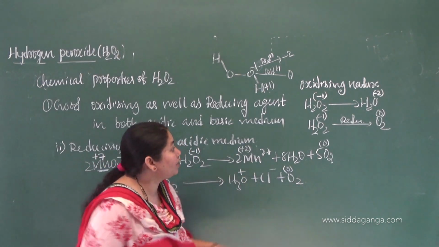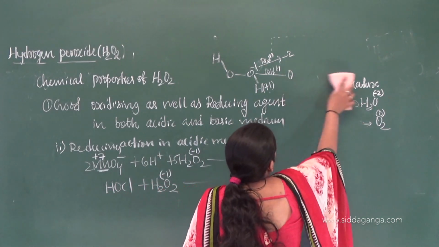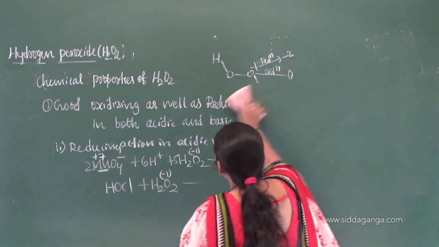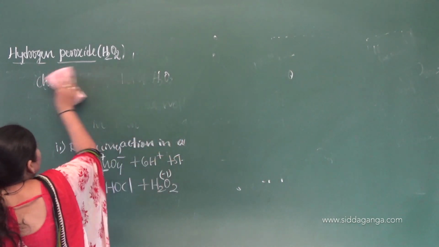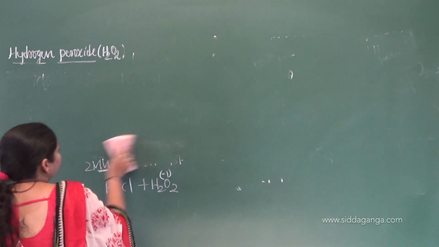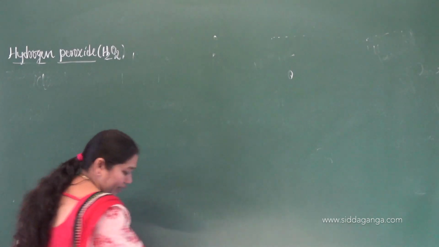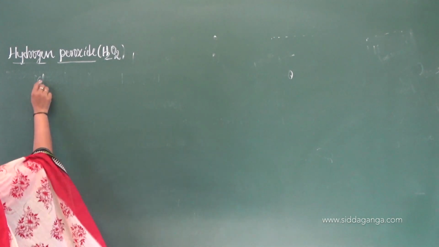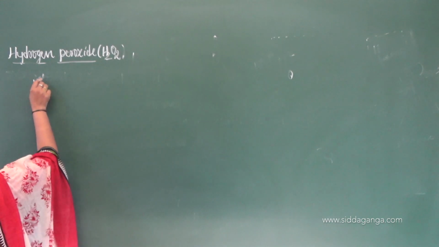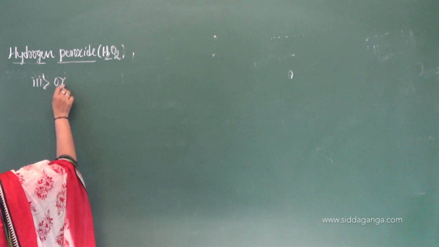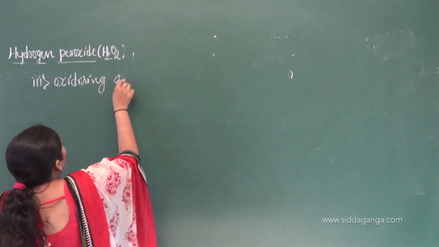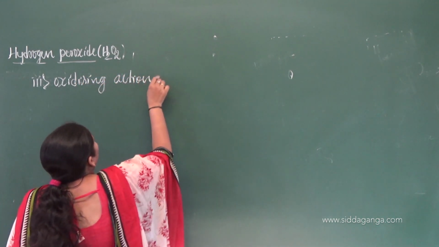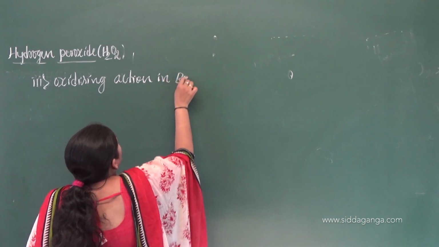Oxygen. Likewise, we have one more concept, that is oxidizing as well as reducing property in the case of basic medium, right? So oxidizing action, the third category, is oxidizing action in basic medium.